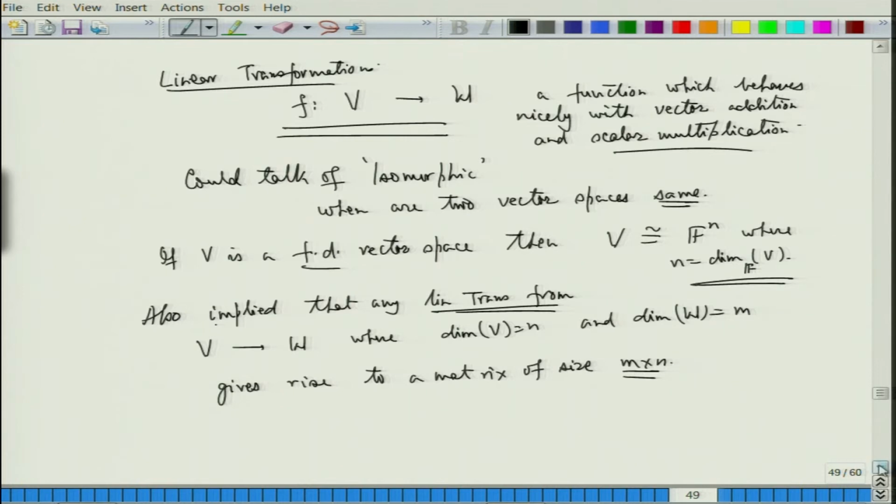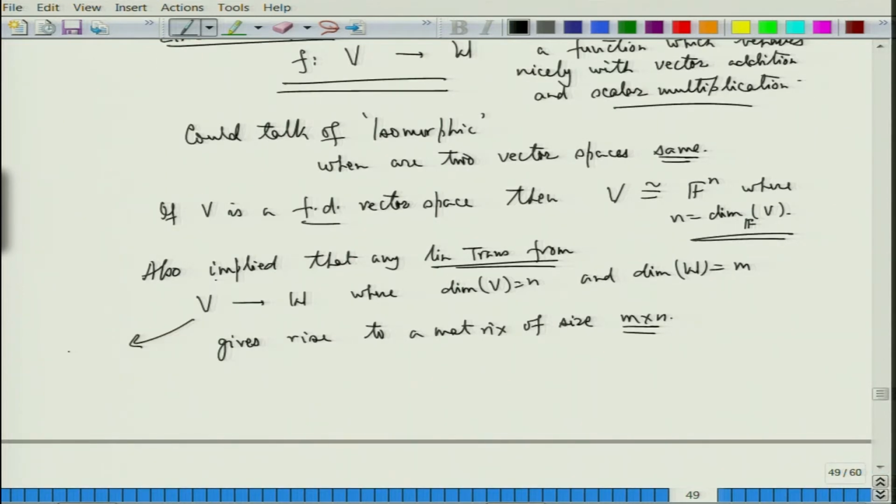And how did you do it? There was a notion of an ordered basis here in the domain, and similarly an ordered basis here in the codomain, and then the definition of T of AB.